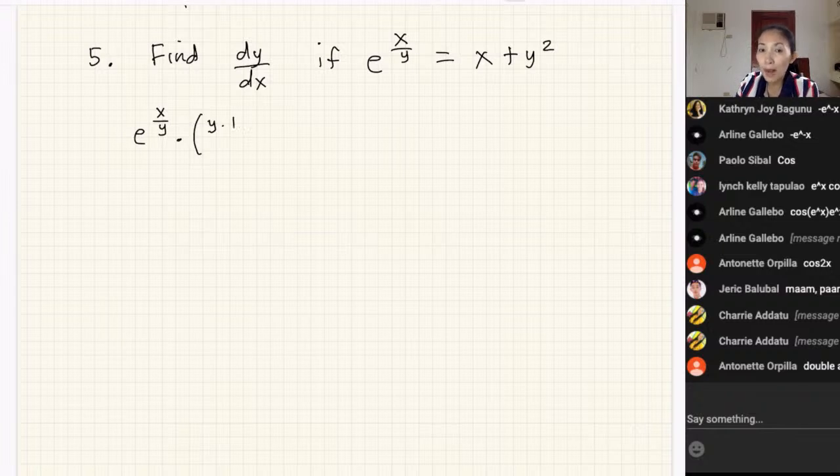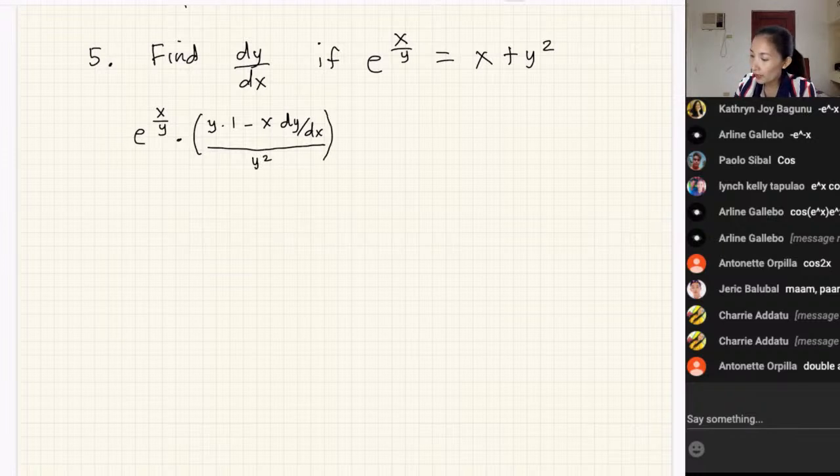Take note of that: v du minus u dv, or denominator times derivative of the numerator minus the numerator. Our numerator is x, minus x times the derivative of the denominator, which is dy over dx, all over the square of the denominator, which is y squared. I hope you can follow.